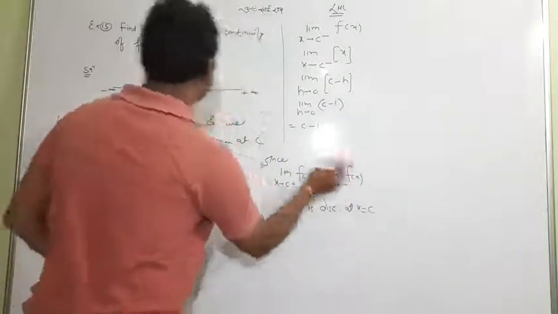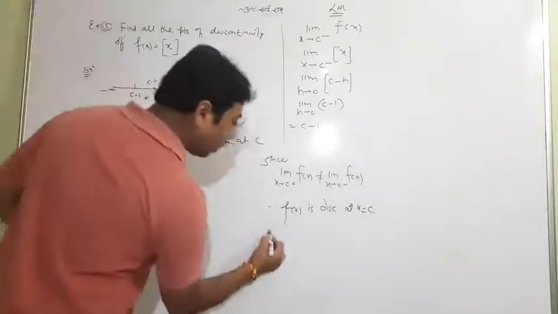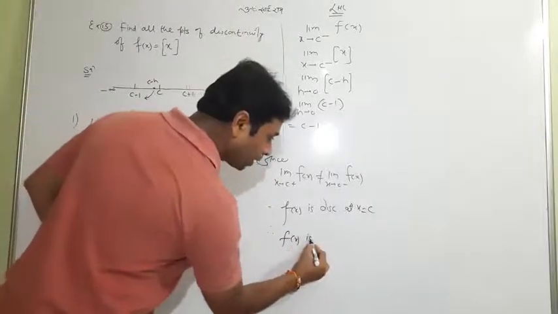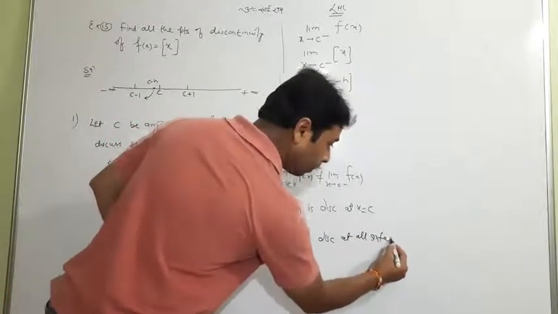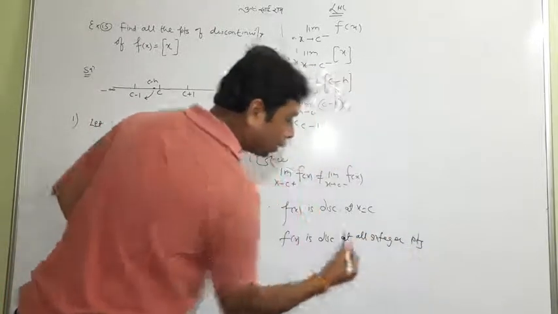And what is c? c is an integer point. Ultimately I would say f of x is discontinuous at all integer points, and this is the conclusion.